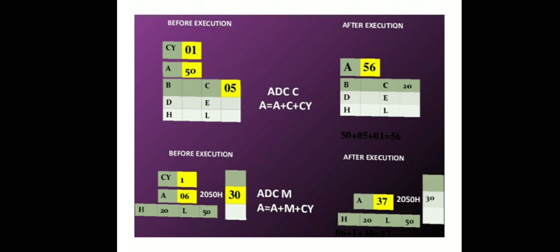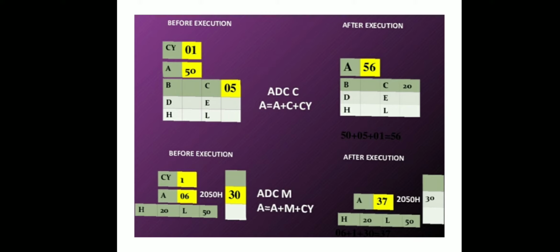instruction ADC C. After the execution of this instruction, the content of the carry flag, the content of the accumulator and the content of register C are added, and the result is stored in the accumulator.